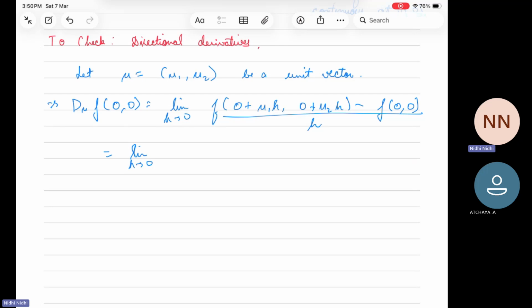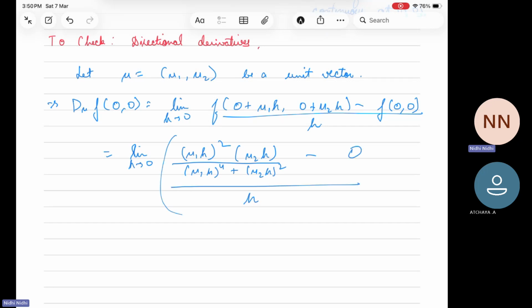Therefore, by the definition of the function f, this is u1h square u2h upon u1h to the power 4 plus u2h square, minus the value of the function f at 0, 0, just 0, upon h.